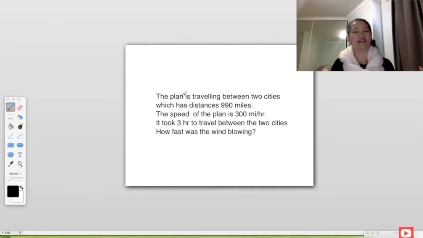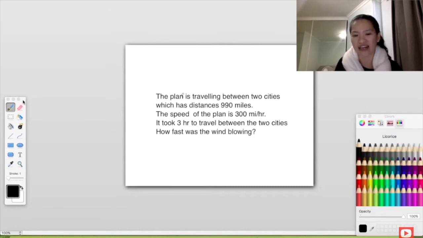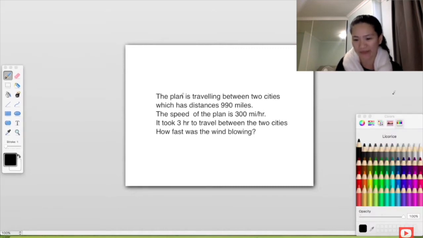It has distance 990 miles. The speed of the plane is 300 miles per hour. It took 3 hours to travel between the two cities. But what they want you to find is how fast the wind was blowing.